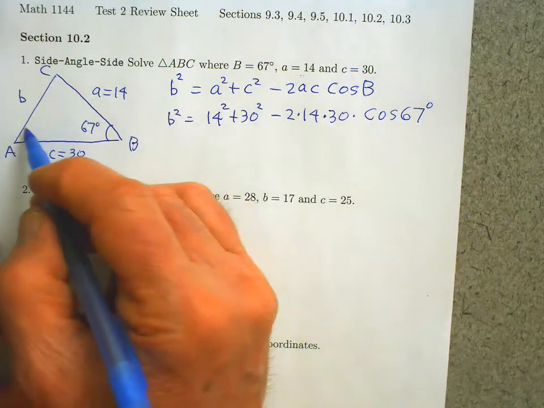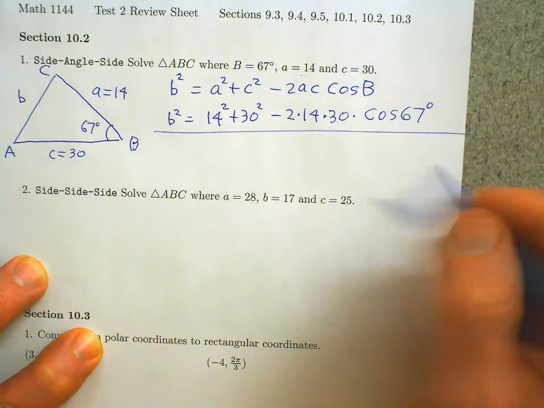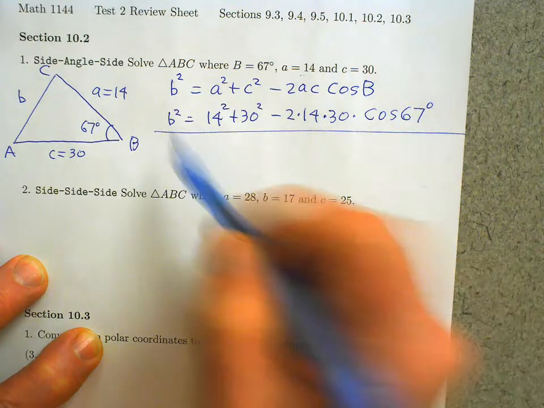How would you find angle A? Okay, so if we do the arithmetic on that, we now know the value of b.